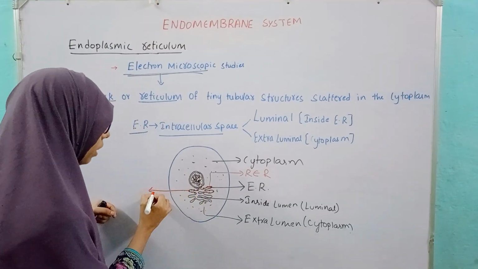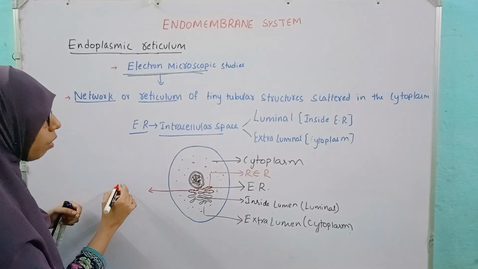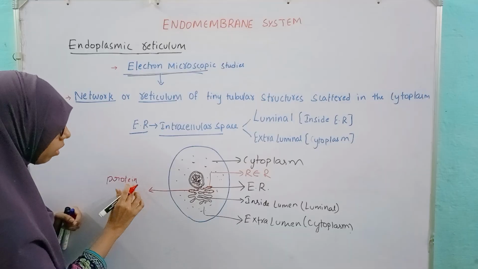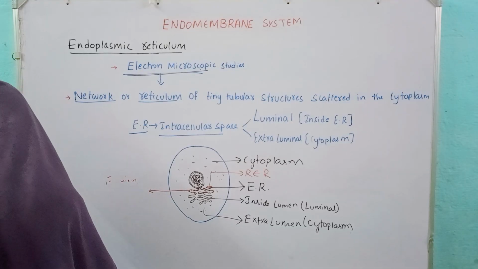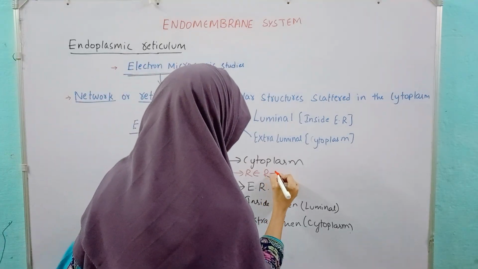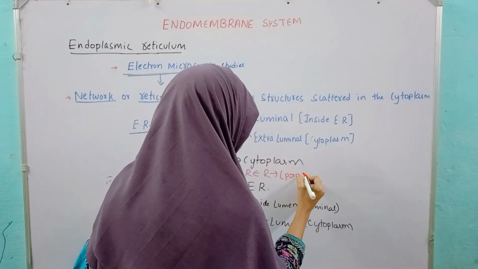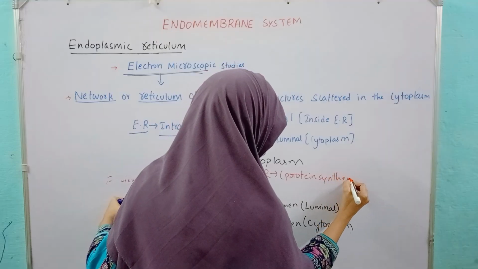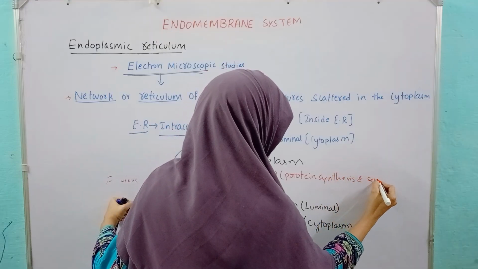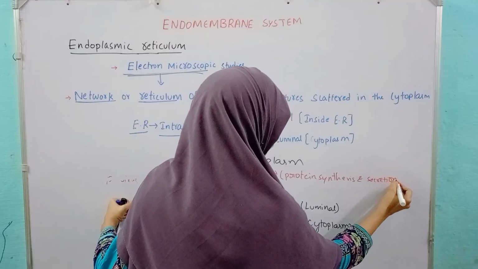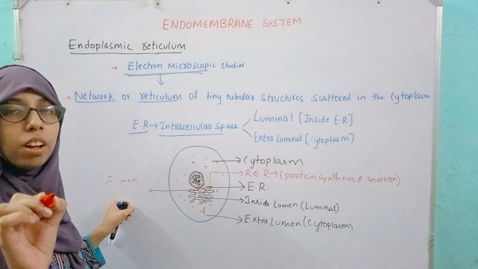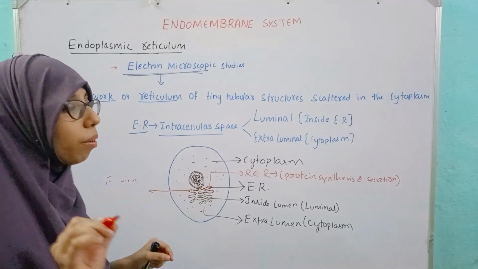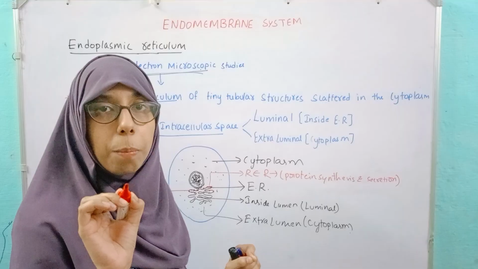This rough endoplasmic reticulum is actively involved in protein synthesis and secretion. Do remember, if a question asks which endoplasmic reticulum forms an extension from the outer membrane of the nucleus, then it is rough endoplasmic reticulum.